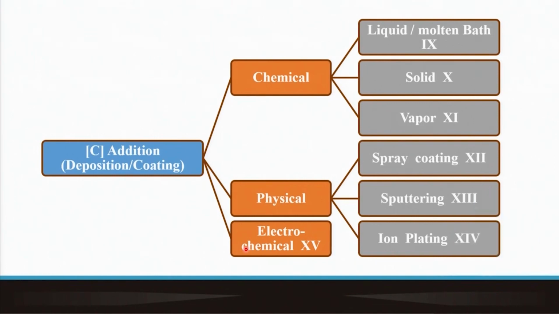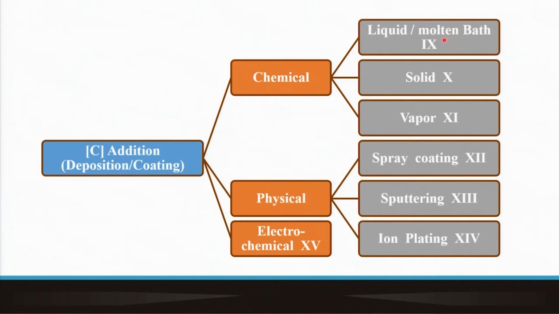The third category, of course, is more routinely applied in various places, not just for heavy-duty engineering shops, but even in shops which are interested in selling art objects. So there again the three possibilities could be chemical in nature, physical in nature, and electrochemical in nature.